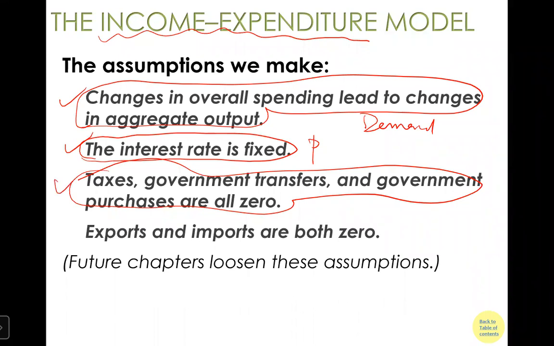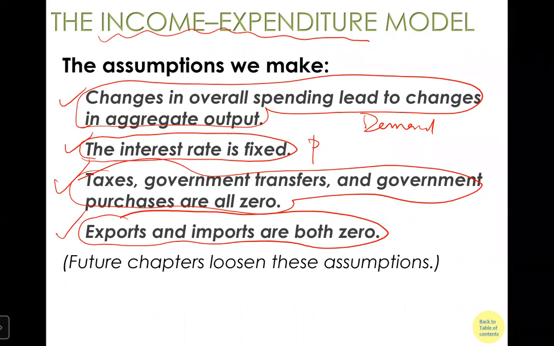And number 4, we are going to limit ourselves inside the domestic economy. There's no interaction with the rest of the world, no import and export. We made these four assumptions to simplify the analysis so that we have a sharp understanding of our economy.